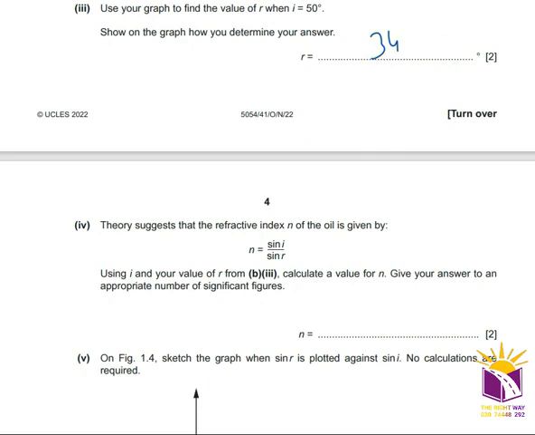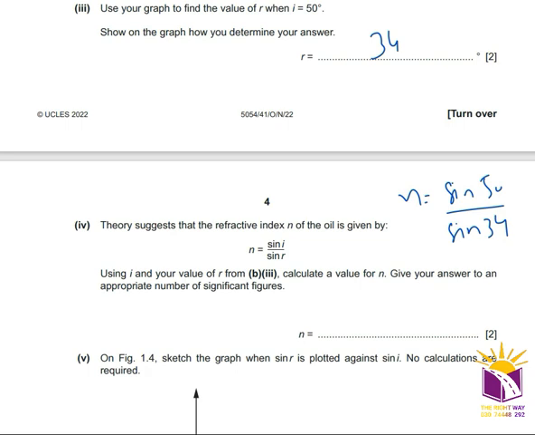Theory suggests that the refractive index n of the eye is given by n equals sine I over sine R. Use I and R in B3, where I is 50 and R is 34. Now n will be equal to sine 50 divided by sine 34.